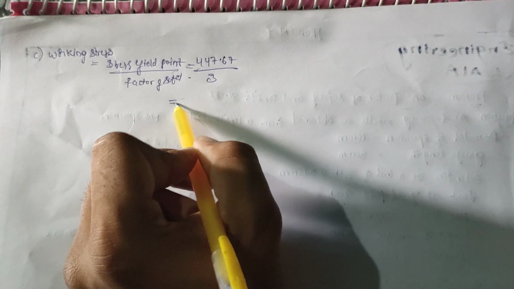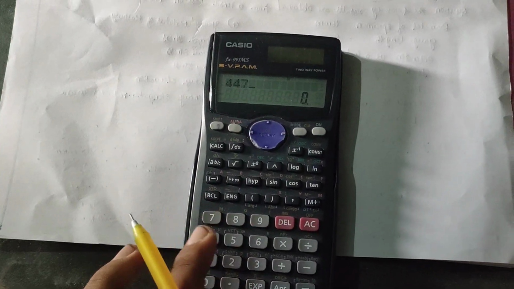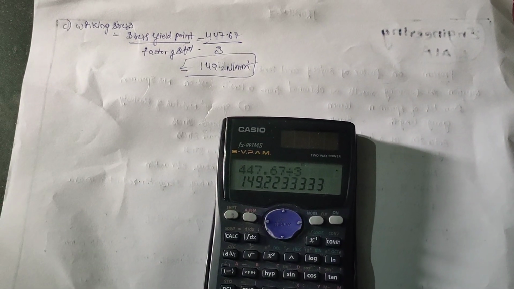So we will get the answer 149.2 Newton per mm square. Calculating 447.67 divided by 3, we get 149.22.